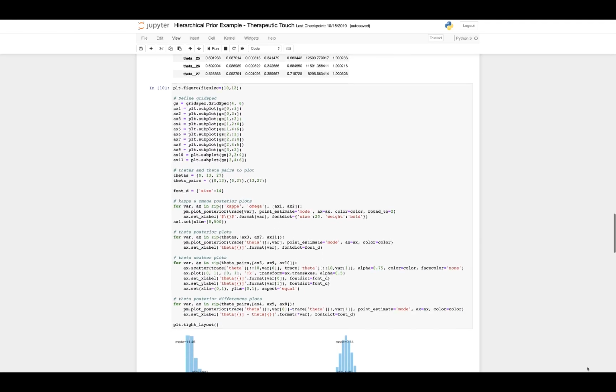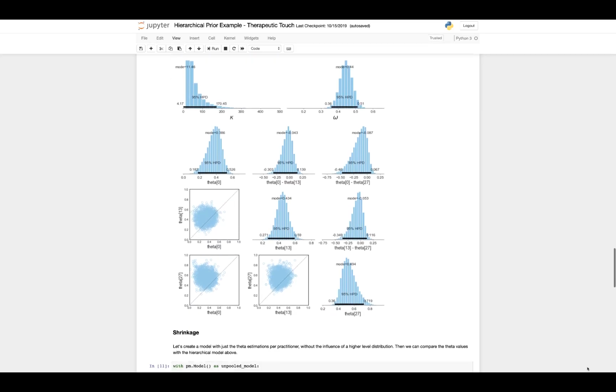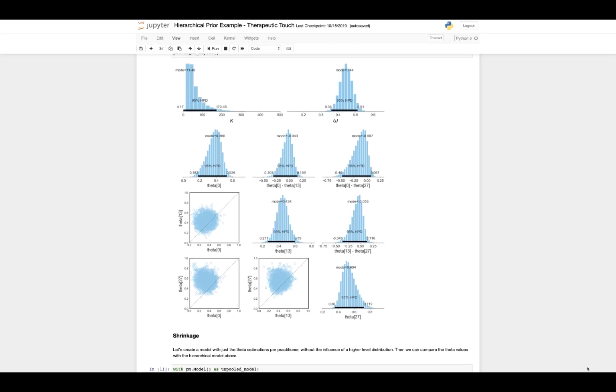We can also look at a plot of these practitioners and see how correlated they are to see if there is any notion that they've got some correlation between themselves. When we look at that, this is just looking at 3 of them, there effectively is no correlation. The 3 that we looked at was the first practitioner, theta 0, the 14th practitioner, theta 13, and the 28th practitioner, theta 27.